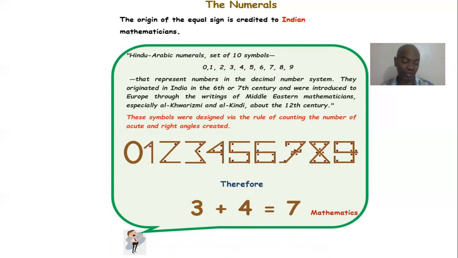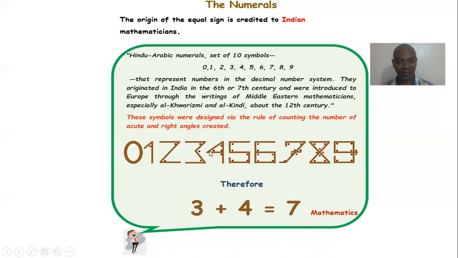Most times you just write a vertical line, but that's how the number 1 originated. Look at the 2 looking like a Z, because there are 2 acute angles. With time our 2 started to take a curly form, but that's where it originated from. The 3 has 1, 2, 3 acute angles, and look at how our 3 evolved with time.